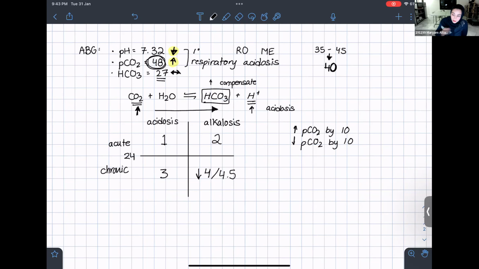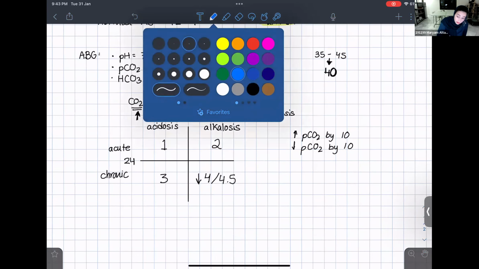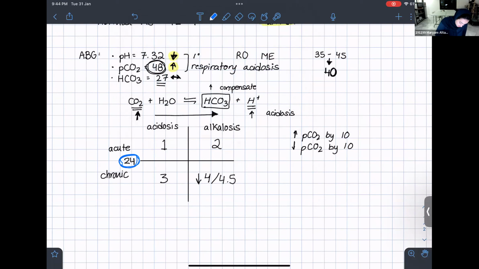Okay, are you guys following with me until now? So if we know our baseline or midline in bicarb is 24, our patient's bicarb is 27. 27 is higher than 24 by 3 points. So that indicates that the bicarb has increased in order to compensate.